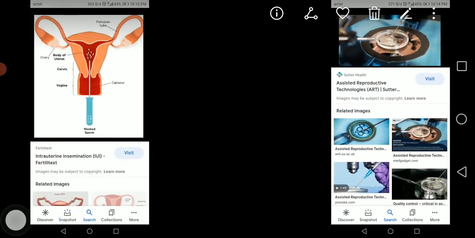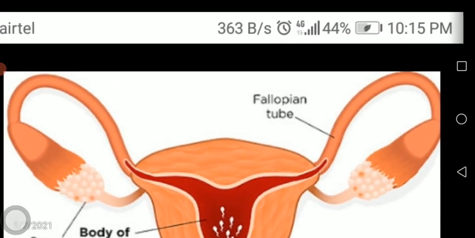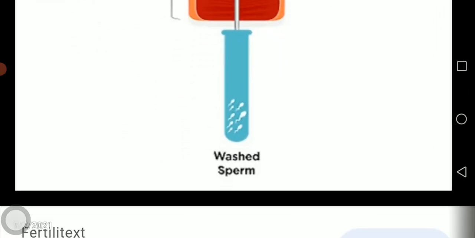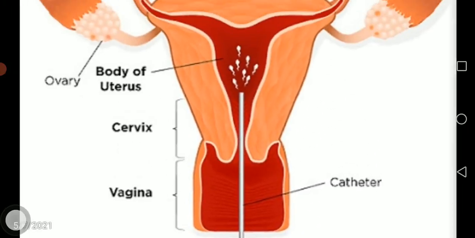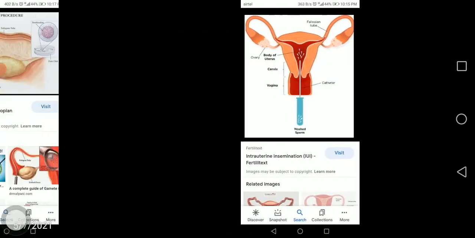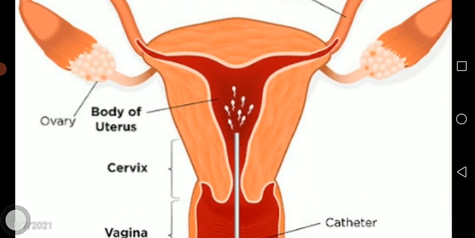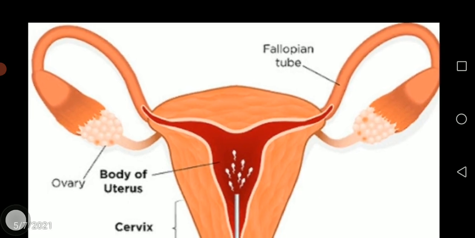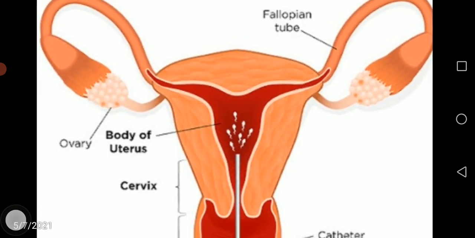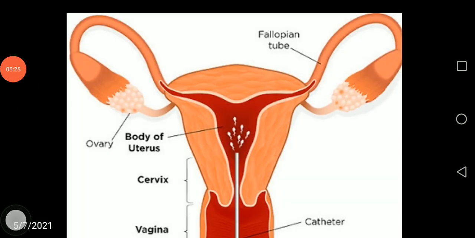Here they take sperm and egg out of the body and make a zygote or embryos. Once the zygote develops, they transfer it into the female reproductive part with the help of different technologies. That is what we call ART.